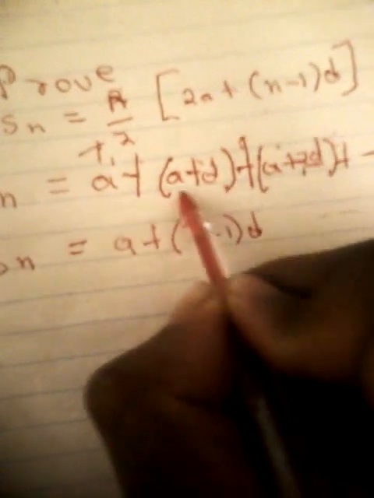It's the same thing. This is the first equation. So let's do the second equation. It will be a plus what, the last term? a plus the general formula, a plus n minus 1 d. This is t1.